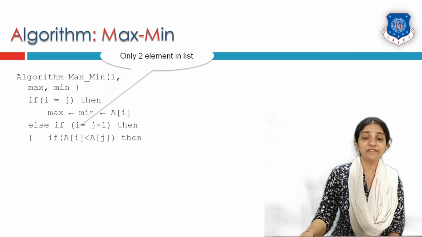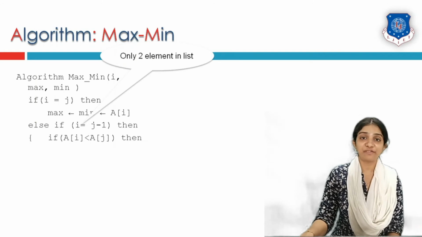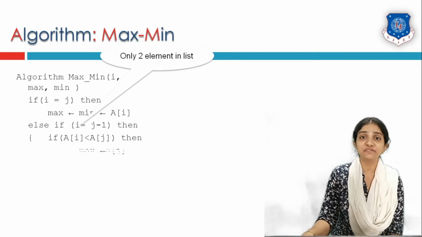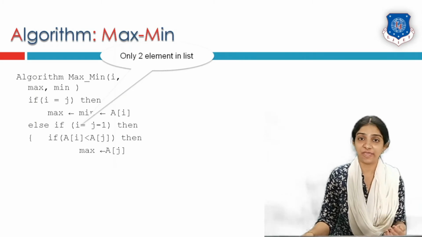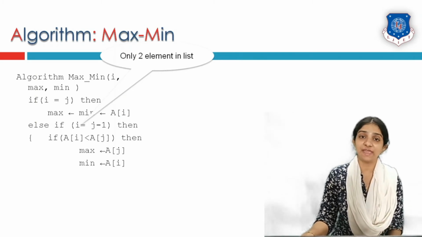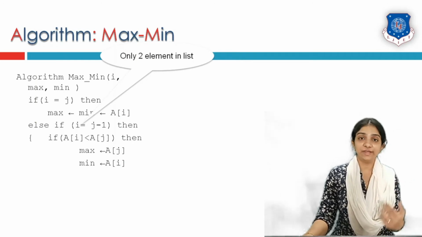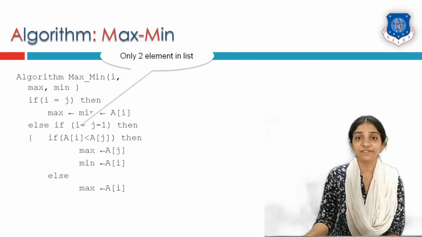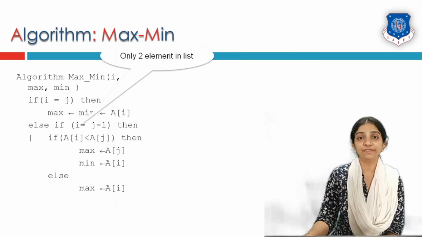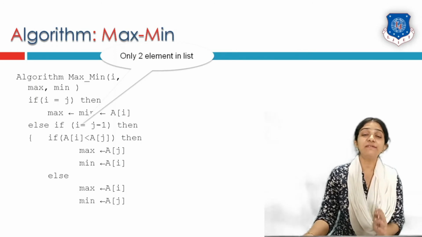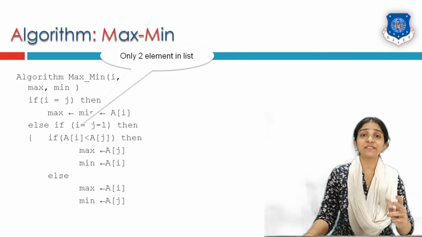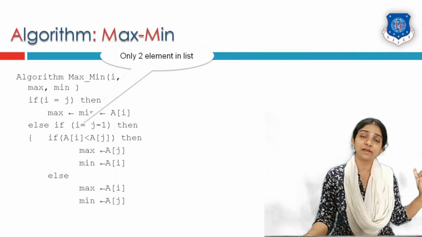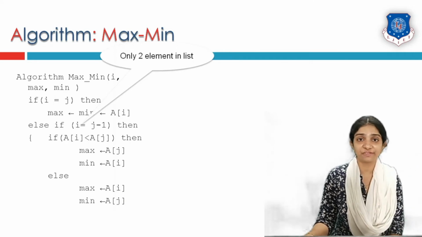So inside this case, we are comparing A of i with A of j. If A of i is lesser than A of j, we say maximum is A of j and minimum is A of i. But if this condition is not true, the reverse is possible. That is, maximum is A of i and minimum is A of j. So we have found out maximum and minimum when there is only one element in a list or where there are two elements in our sublist.